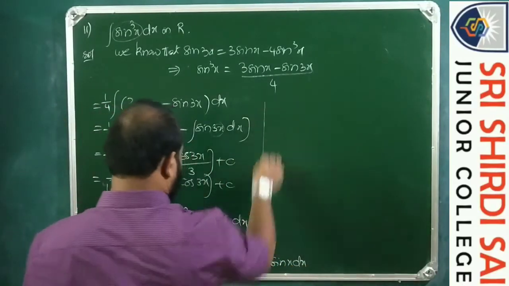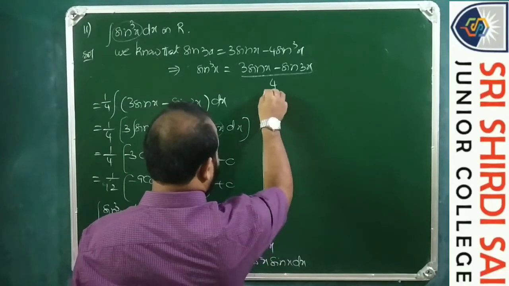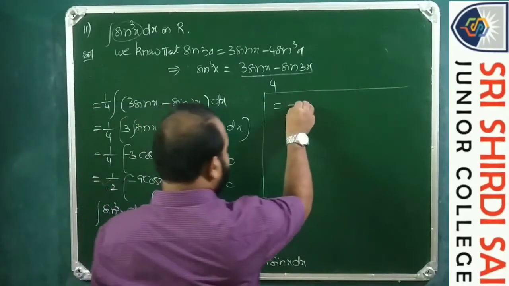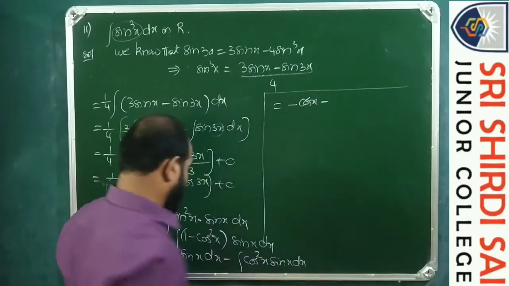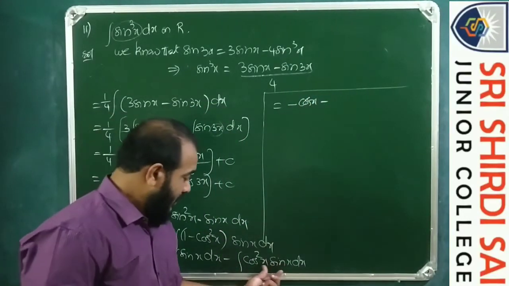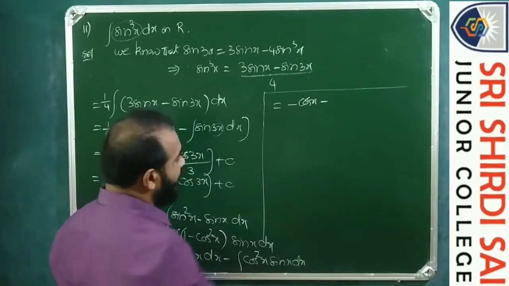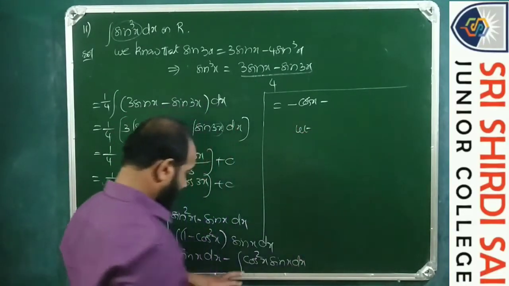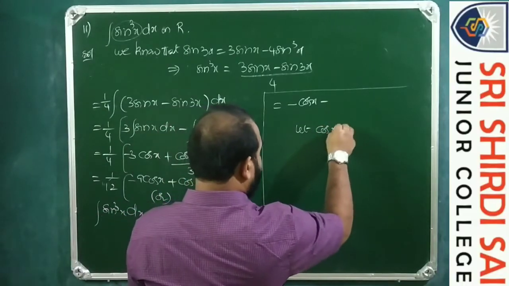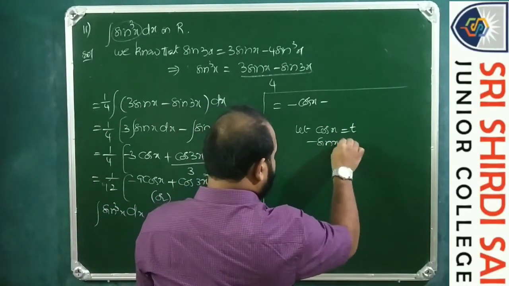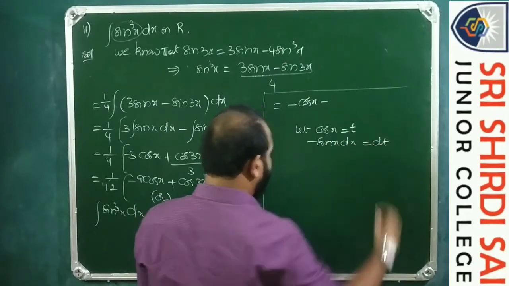So this is equal to integral sin x dx is minus cos x minus, so cos x derivative is minus sin x, right? So here let cos x equal t, then minus sin x dx is equal to dt.